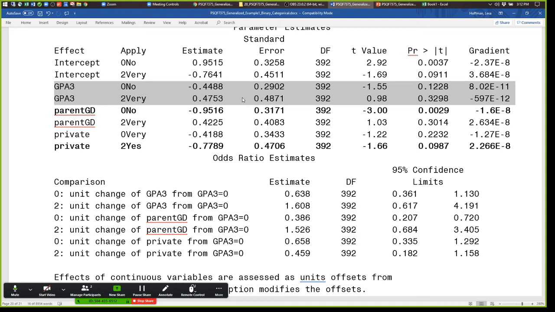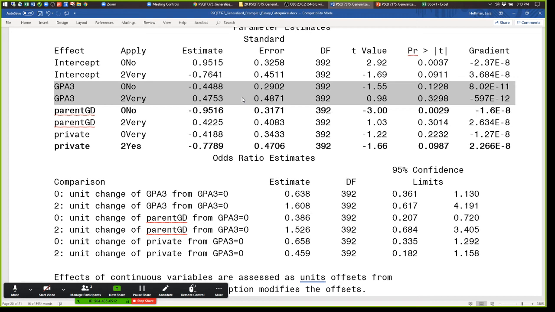The higher your GPA, the less likely you are to say, actually it's backwards. The higher your GPA, the less likely you are to say no instead of maybe. For the second one, the higher your GPA, the more likely you are to say yes instead of maybe.